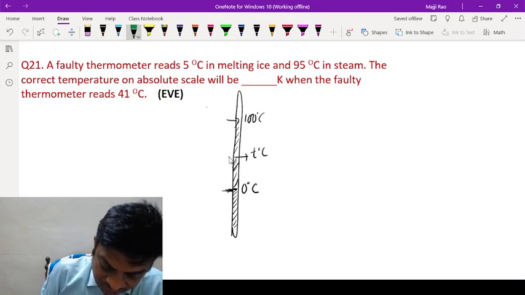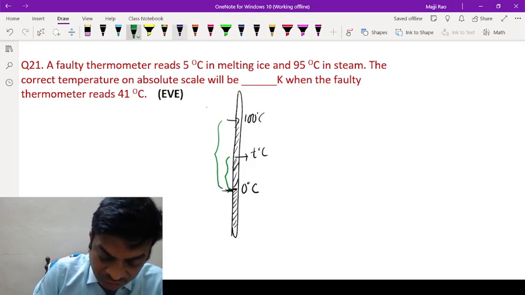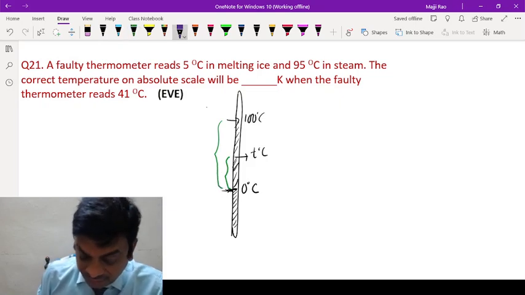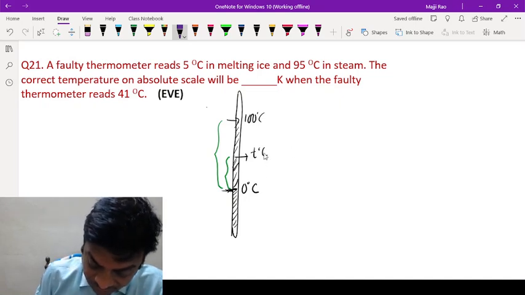Now the ratio of these lengths will be same. So here T minus 0 degrees Celsius upon 100 minus 0 degrees Celsius will be same.